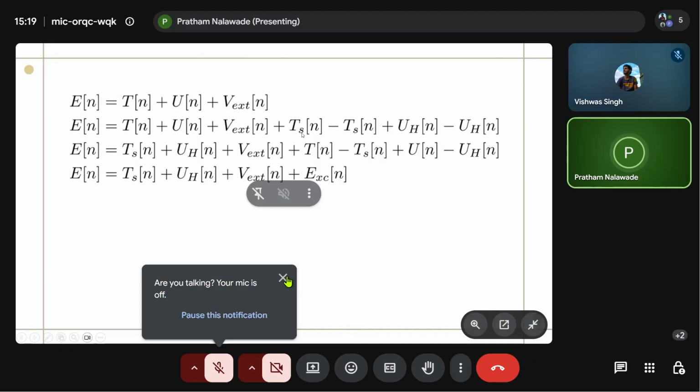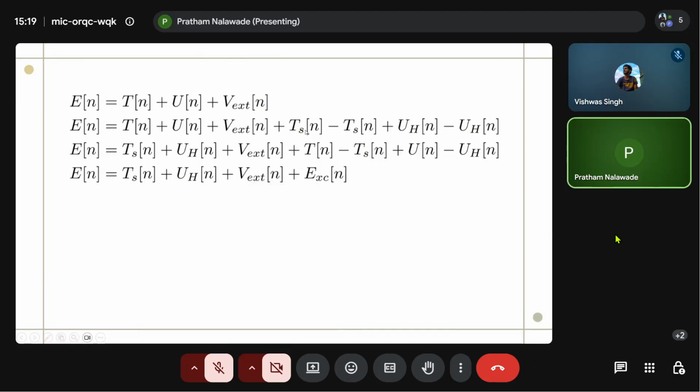And this T with the small subscript s means T simulated. This is the form that we have actually written in terms of n. We know what this will look like in terms of n, that n to the 5/3, which we get from the Thomas-Fermi approach. I have added and subtracted this, as well as my Hartree potential.